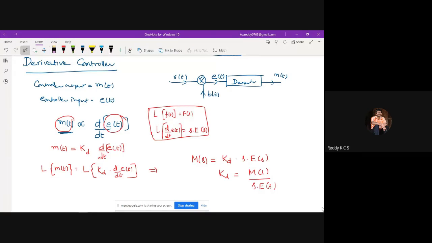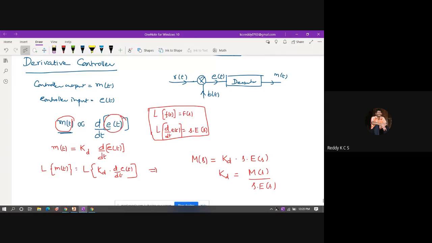The derivative controller initiates an early corrective action, and because of this early corrective action, it improves the stability of the system.